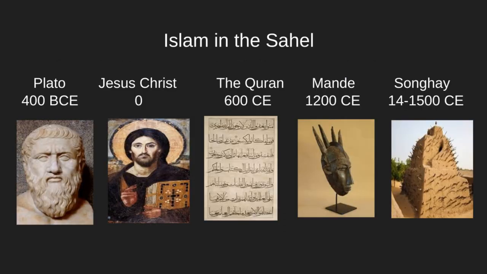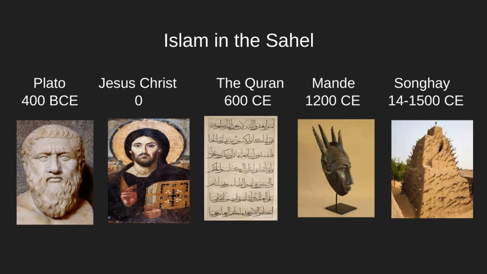Okay, so now when we think about Islam, however, Islam comes into the world. One of the things we could say about Islam, and I'm speaking very generally, is that like Christianity, it is a religion that comes into the world after the Hellenic civilization or colonization, I should say, of much of the ancient Mediterranean.